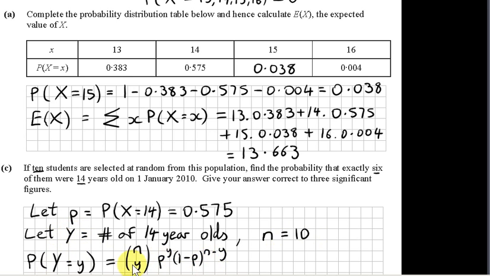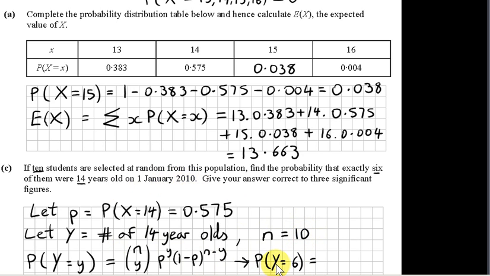Then we know that the probability distribution of y is binomial. So we have a binomial distribution, and the probability that y equals some value, which we can call little y, is nCy times p to the power of y times 1 minus p to the power of n minus y. Now we want the probability that exactly 6 of the 10 students were 14 years old on 1st of January 2010.